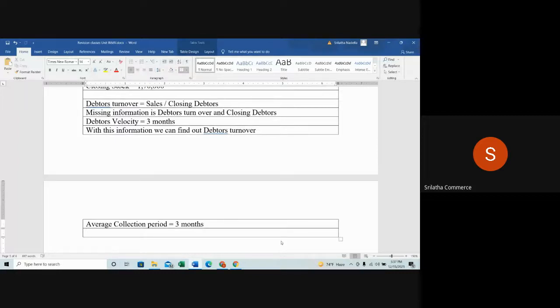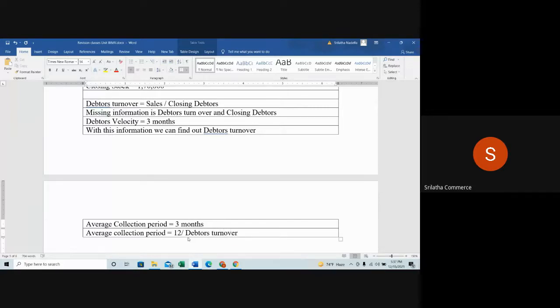So, what is the formula for average collection period? As he had given in months, you are going to take it in months only. In a year, we have 12 months divided by debtors' turnover.